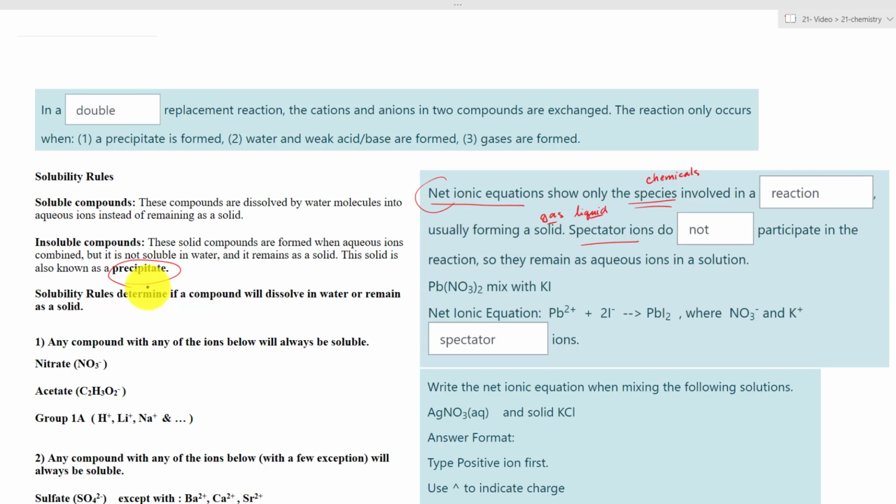And we learned from the previous lesson that in a double replacement reaction, a reaction only occurs when a precipitate forms, and in some cases water or a weak acid or base forms, and in other cases a gas forms. In these last two situations, it would tell you in the description. In the first situation, the precipitate, we have to apply the solubility rules to determine if it is going to be a chemical reaction, and we are going to show that right now.